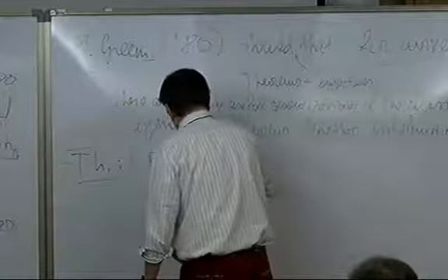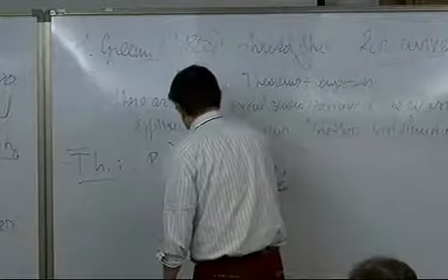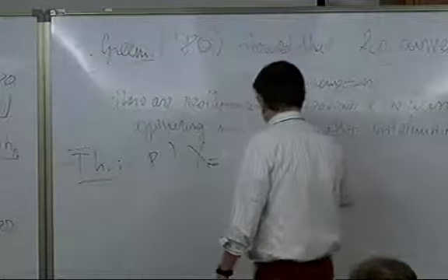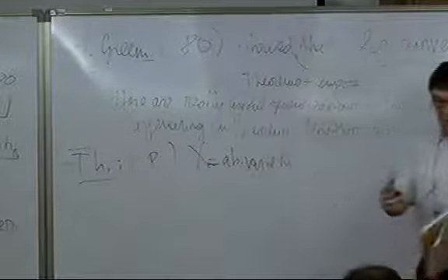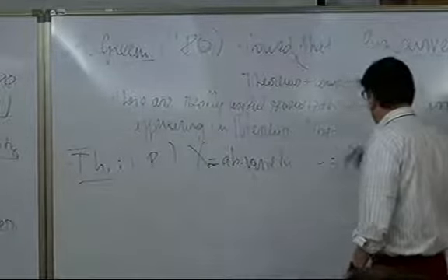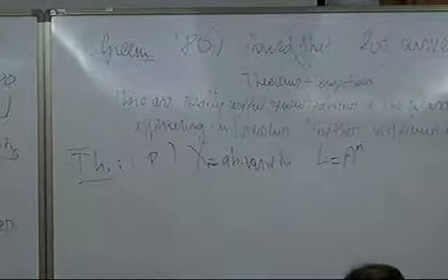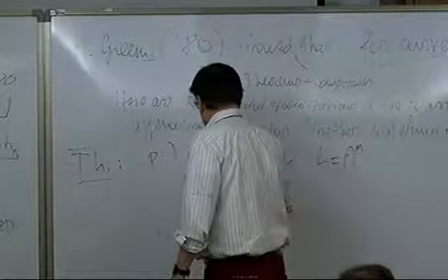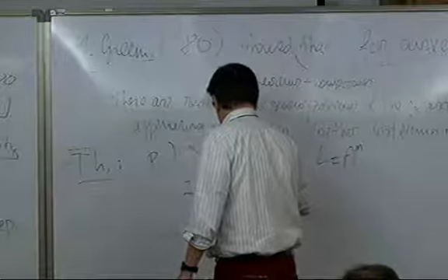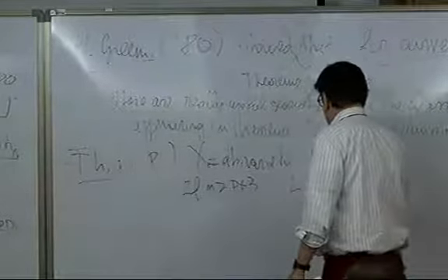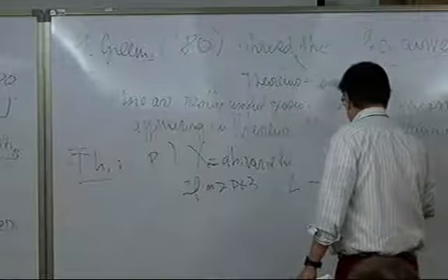So let X be an abelian variety. I consider a power of a line bundle, L of the form A to the n, and if the power is at least p plus 3, then L satisfies N_P.